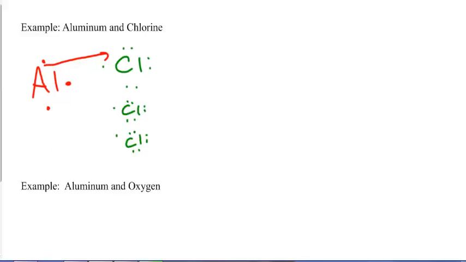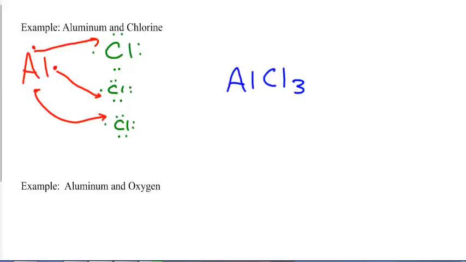Well, we need 2 more chlorines because each of those valence electrons from aluminum has to go somewhere. So we can see that aluminum gives 1 valence electron to the first chlorine, 1 to the second, and the last one to the third one. So our formula is AlCl3 because this time we needed 3 chlorines for the 1 aluminum.